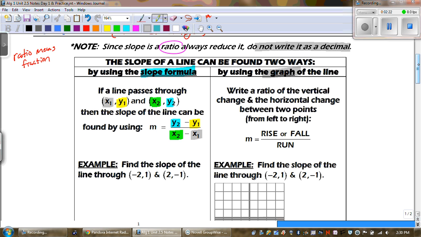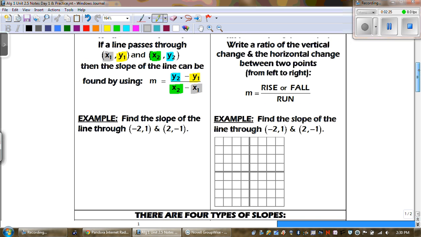So we're going to go through the slope formula first. So we have 4 points. Anytime we're doing this, we automatically always write down the subtraction first.